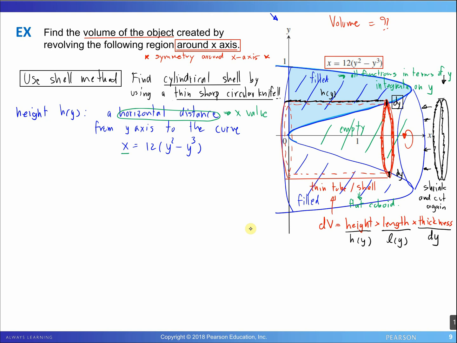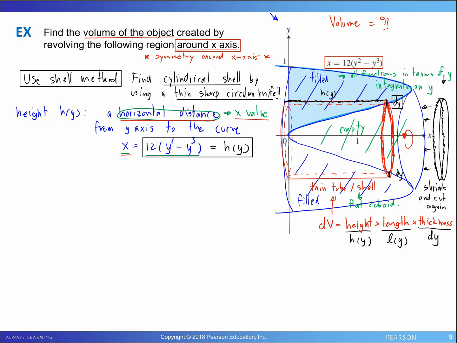X in terms of y for this curve, which means that we can use this expression for the height h of y right away. So we have h of y equal to 12 times y squared minus y cubed. Keep in mind that when it comes to horizontal distance, it's all about x value. And that's why we got it right here, x value.